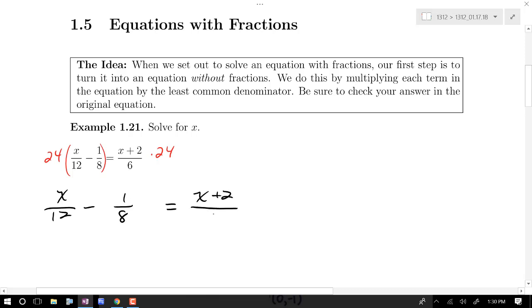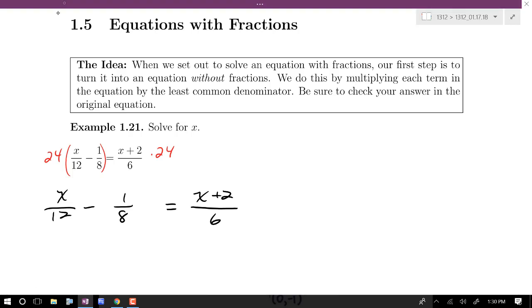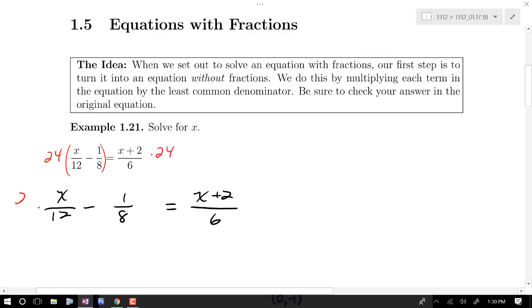In practice, usually the way I begin these is I start by writing the equation with plenty of space and just saying, okay, I'm zapping each term with that factor of 24, 24 over 1. We're allowed to just do this because, if we distribute the 24, we will get exactly this next line.